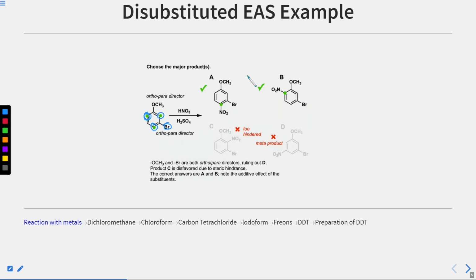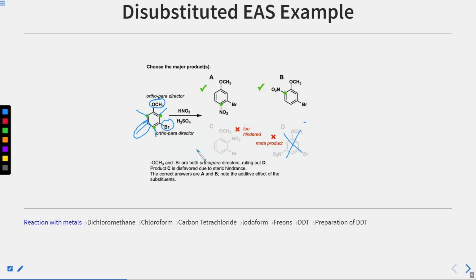Now 4 products are possible. How? It can be substituted here, here, here and here. Talking about this one, since this one is not being activated by either OCH3 or Br, therefore this one is certainly not the product.